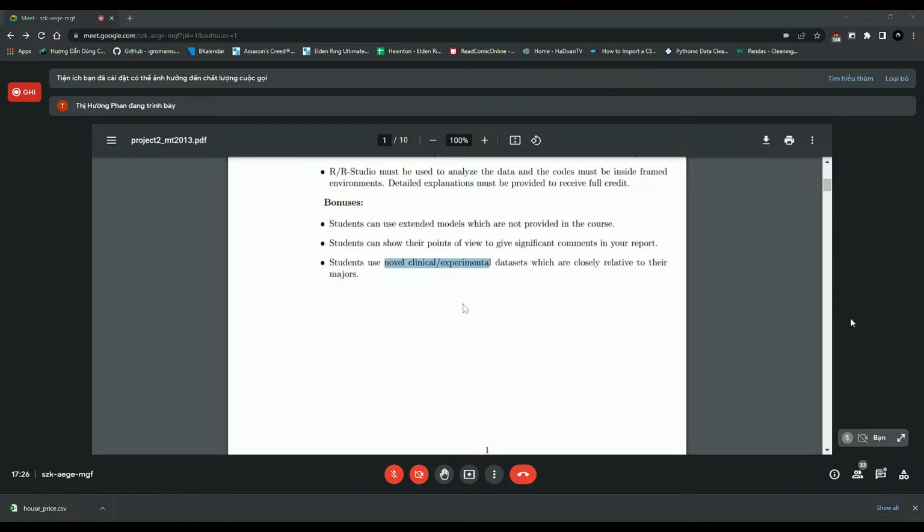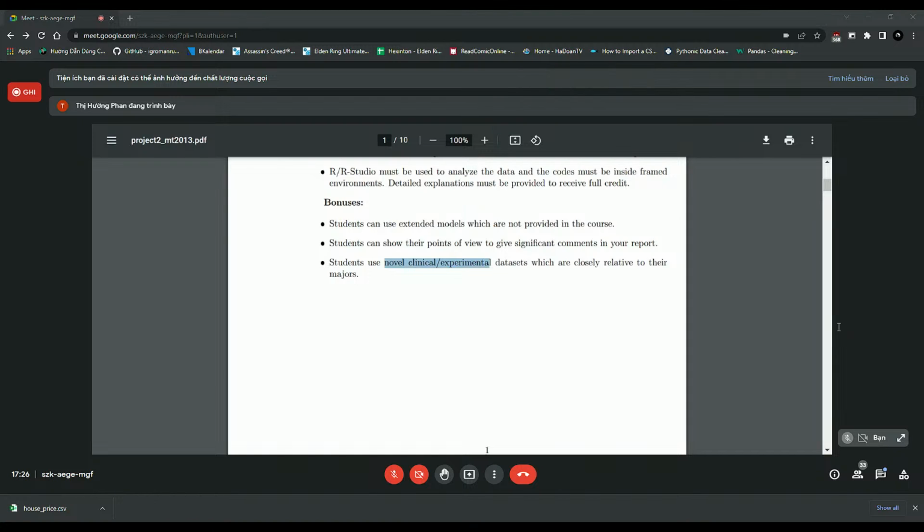For example, I prefer that you choose a novel clinical or experimental data set, a data set that comes from true experiments, rather than a data set you got from the internet.